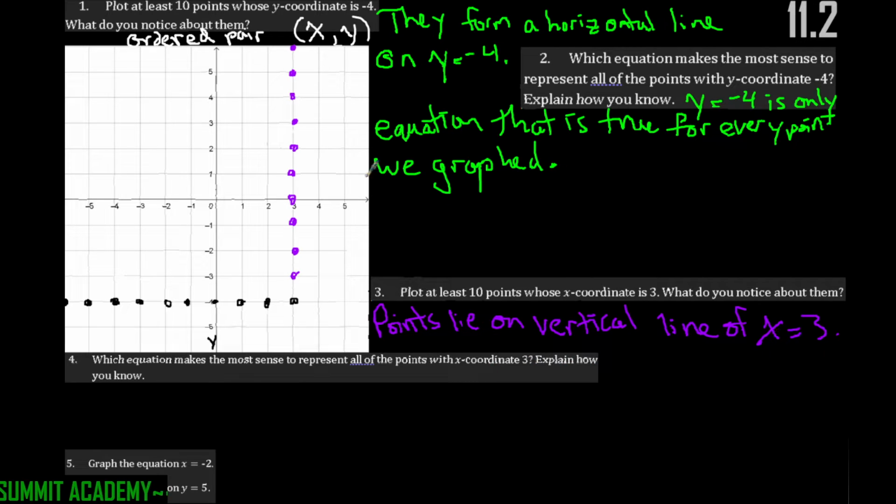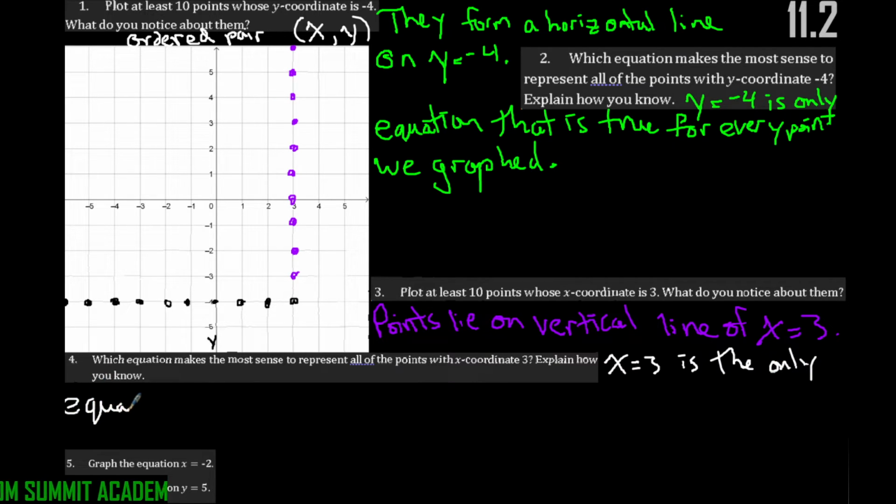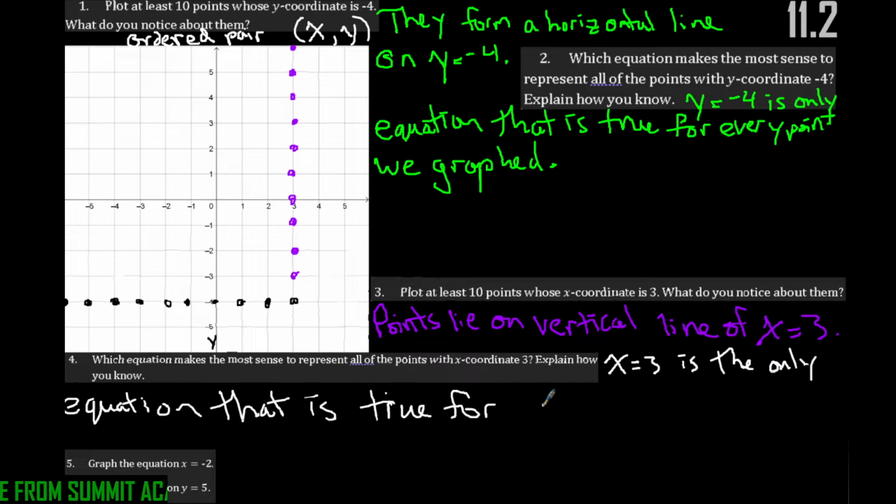However, when you have x equals a number, it's going to be a vertical line. And so we can say the same kind of idea. We're saying that x equals 3 is the only equation that is true for every point graphed.